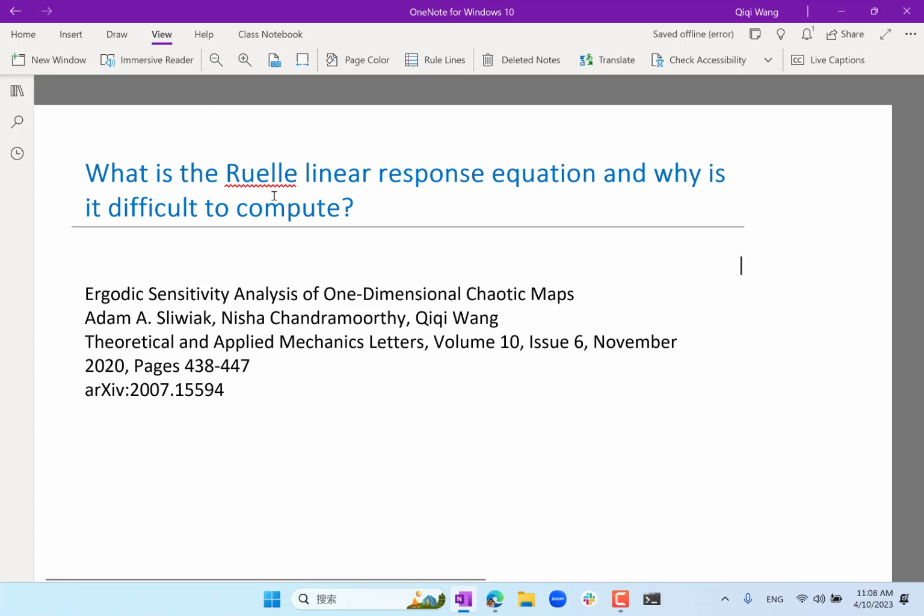For example, the Ruelle linear response formula was discovered by David Ruelle, a French mathematician. But if you read Ruelle's original papers, it's really hard to understand, especially for people who are not in the field of theoretical dynamical systems.